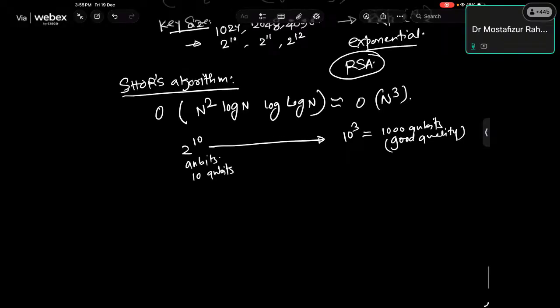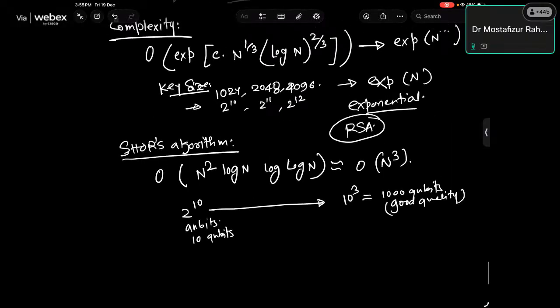However, you can see the earlier complexity was exponential. Now it's polynomial. So e to the power something boils down to n square or n to the power 3. This is a huge advantage in terms of prime number factorization.